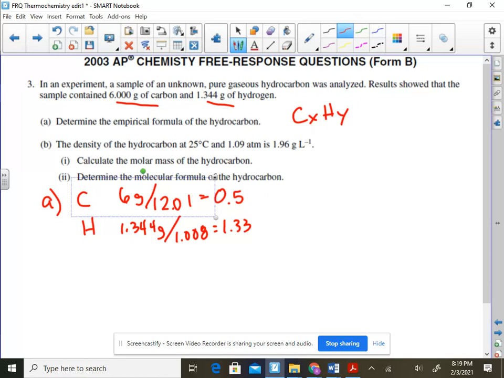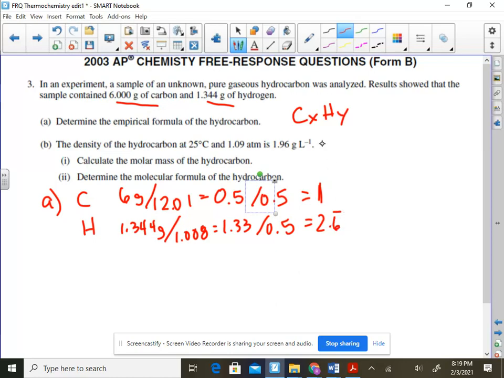So the next step is we're going to get at least one of them to a whole number. If we divide both of these by the smallest, we get one of them to a whole number. This top one becomes 1, and it's a little bit easier to see what's going on. This one becomes 2.666667, repeating.